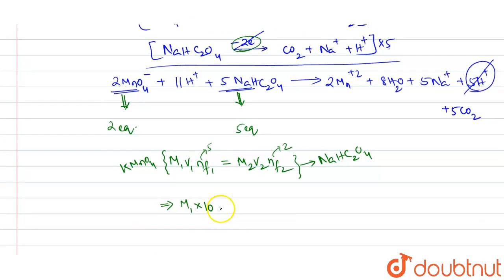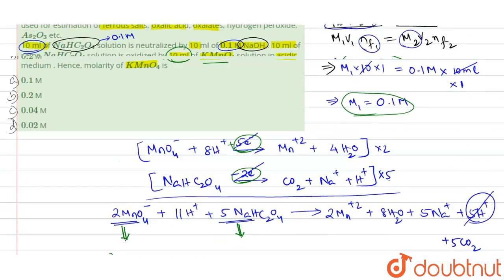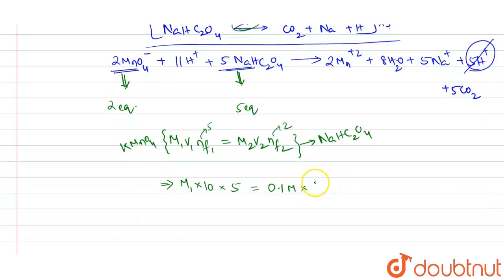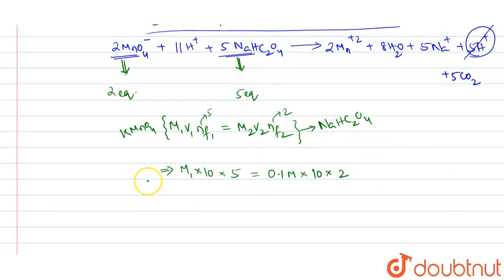So M1 into 10 into NF1, that is 5, is equal to M2 that we have found out, 0.1 molar, multiplied by V2. Here V2 is given as 10 ml, multiplied by NF2, which is 2 for NaHC2O4.